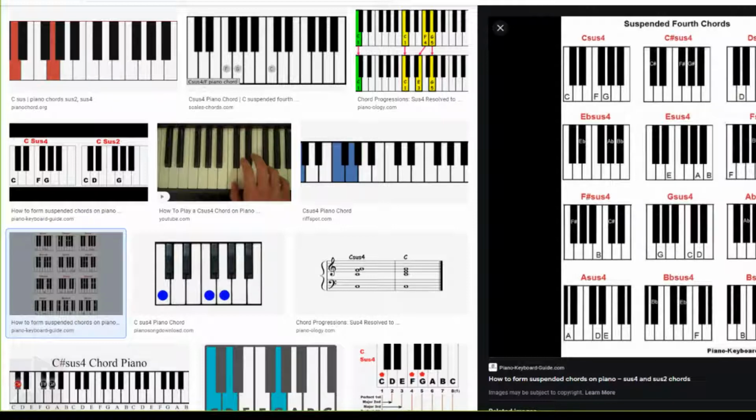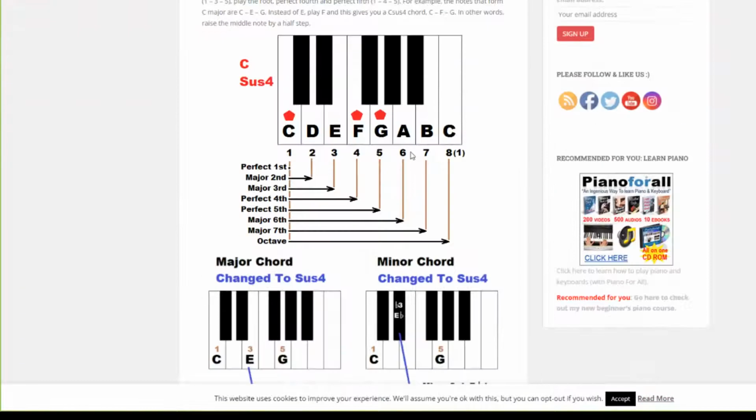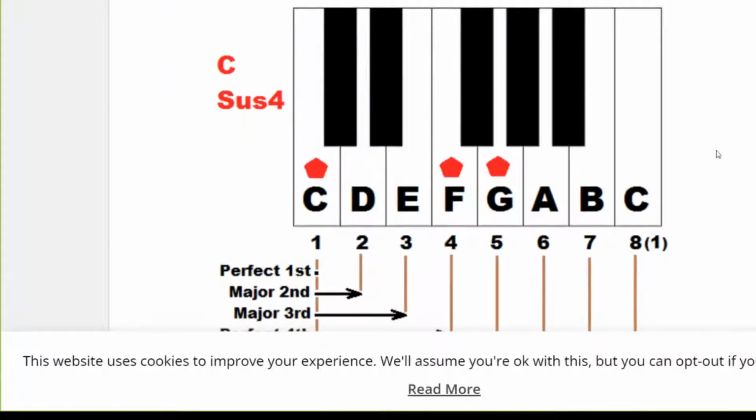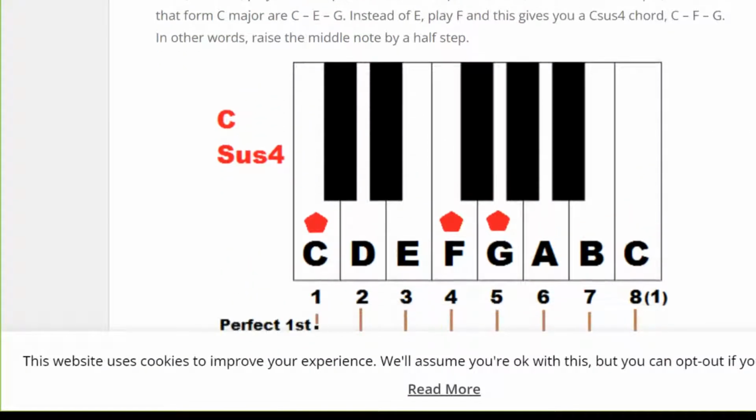Let me make this bigger. Okay, I think it's big enough. Okay, there you go. Just look at it here. So you see the C is here, and this is the 2. You see, they even numbered it for you: the perfect 1, the perfect 3rd, the perfect 5th.